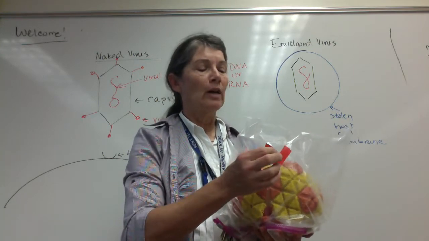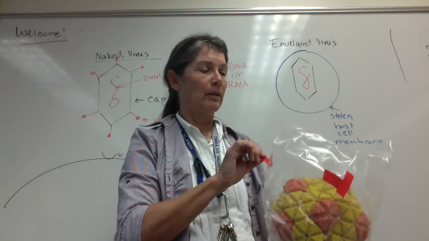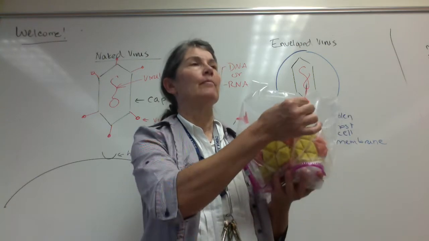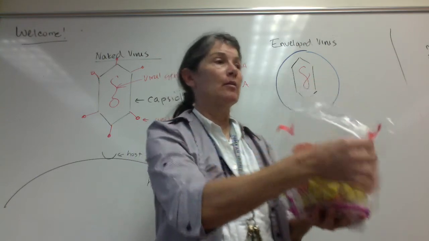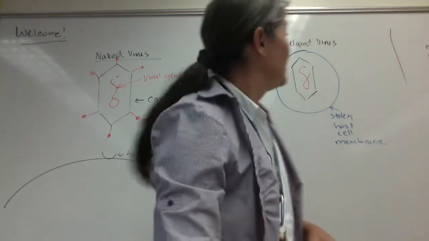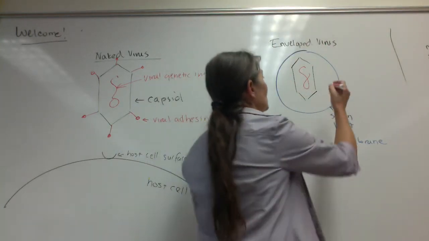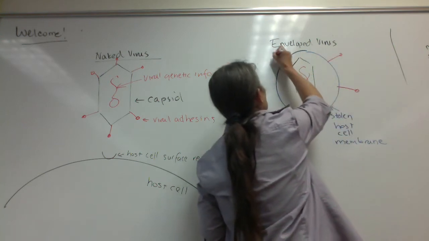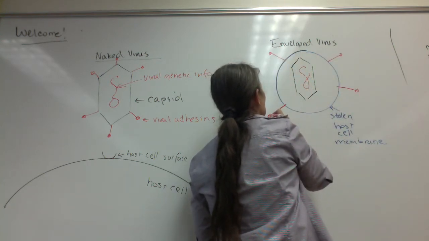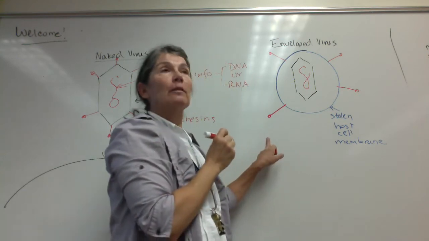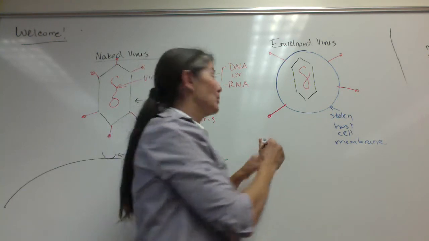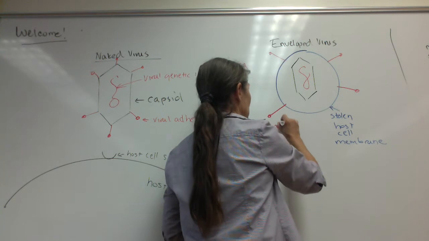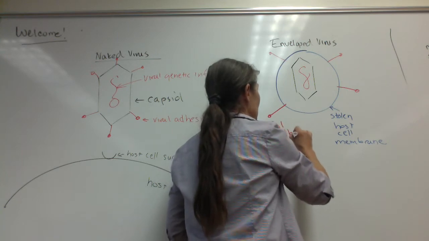So, folks, what would we find in the envelope of an envelope virus? The adhesins, right? And this means before the virus steals our cell membrane, it's going to modify the membrane by inserting what? Viral adhesins, right? And maybe some other proteins. So here's the viral adhesins in the envelope.